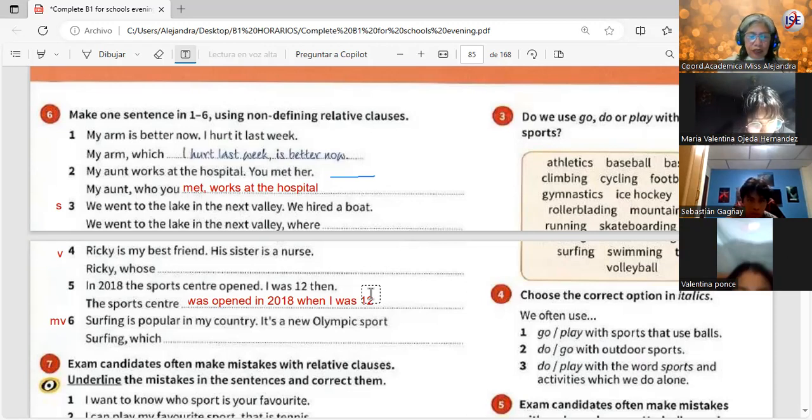Okay, so try to combine the two sentences. Okay, are you ready or not yet?